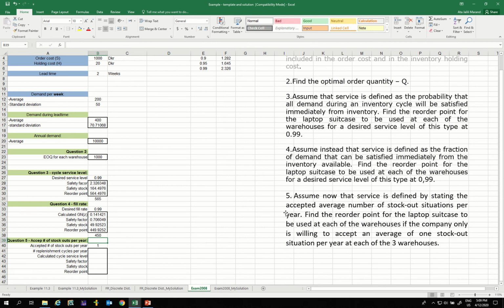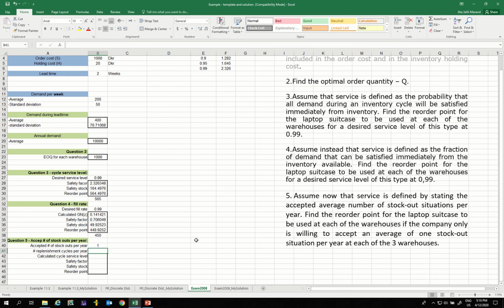Now we want to find the reorder point for the laptop suitcases to be used at each of the warehouses if the company only is willing to accept an average of 1 stockout situation per year at each of the 3 warehouses. Okay, so we want to do the calculations for each warehouse, and the accepted number of the stockouts per year is equal to 1.